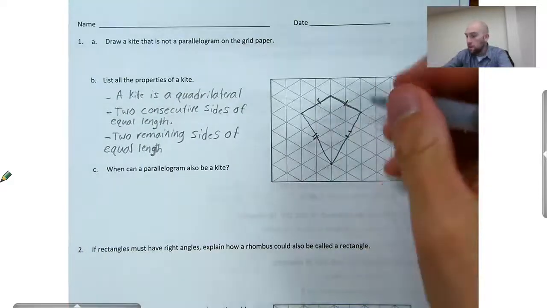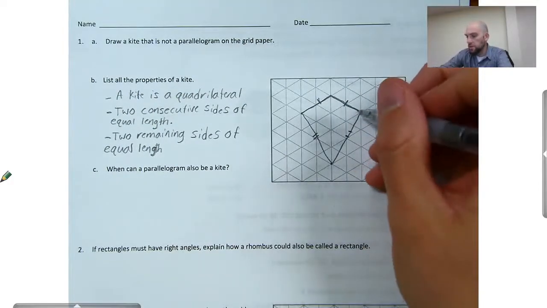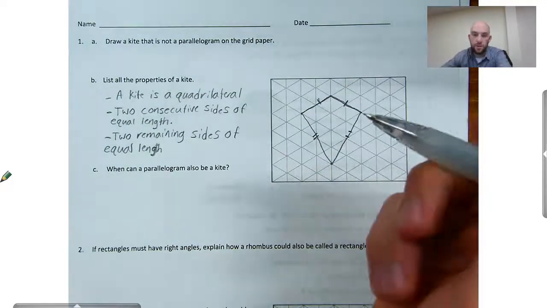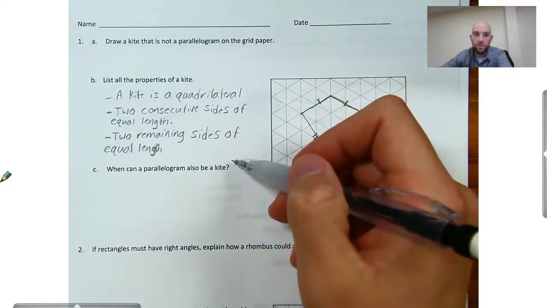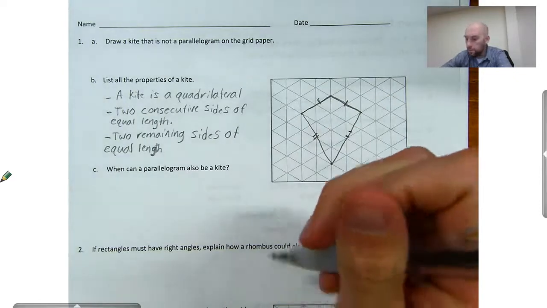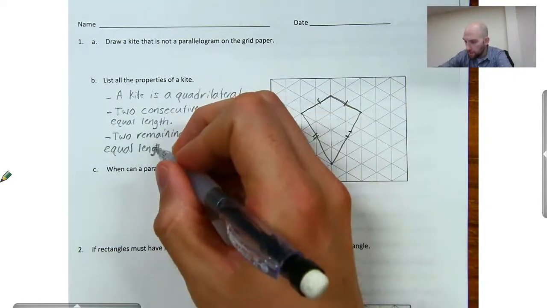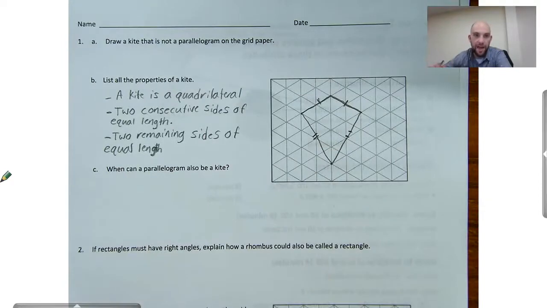All right. And we have some other attributes, like we're going to have 2 opposite angles that will be the same, but as long as it follows these 3 properties, you can bet that it's going to be a kite. So we'll leave it at that for now.